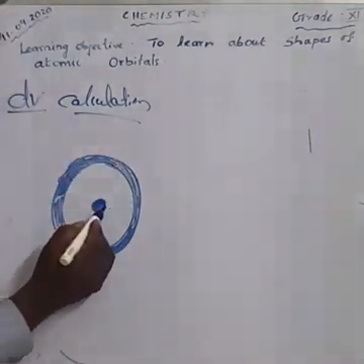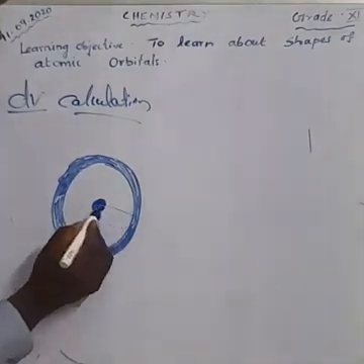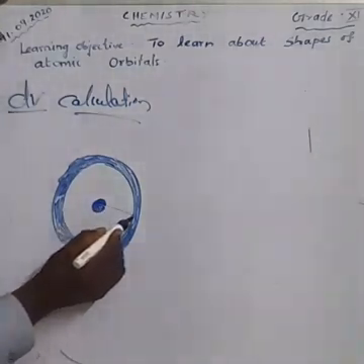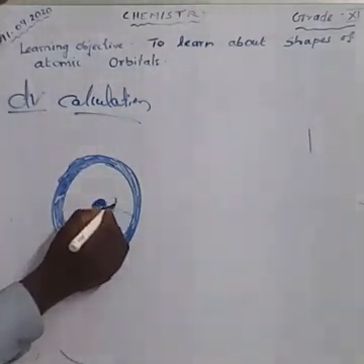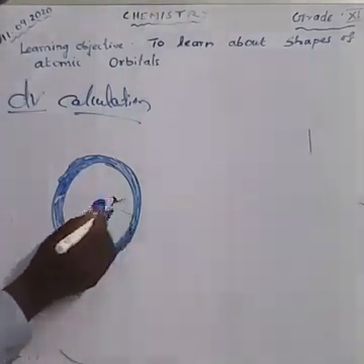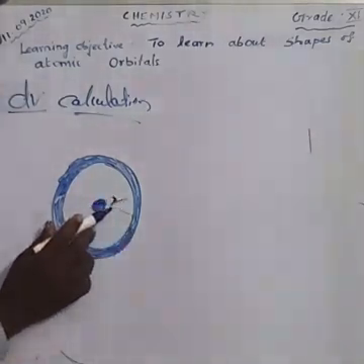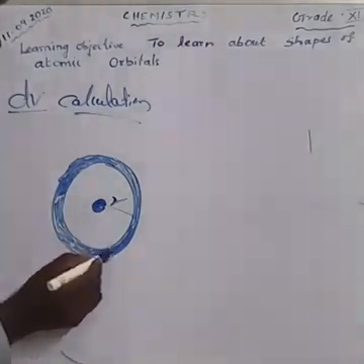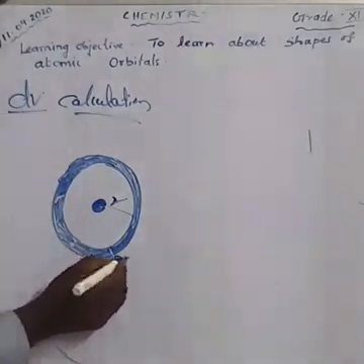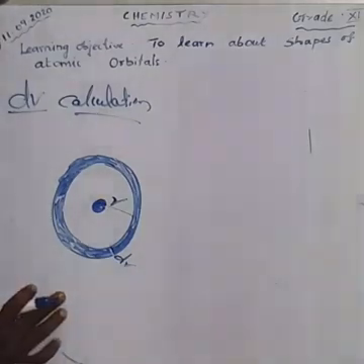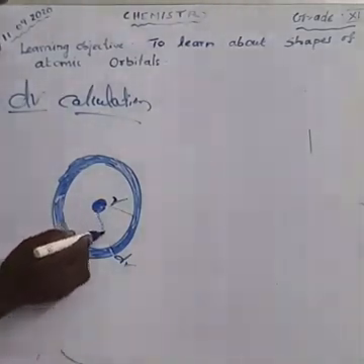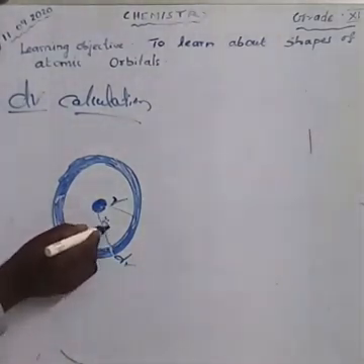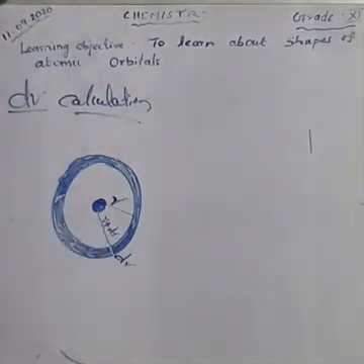The distance between the center of the nucleus and the outermost electron is taken as r. The distance between the two spheres is dr, so the outer radius is r plus dr.